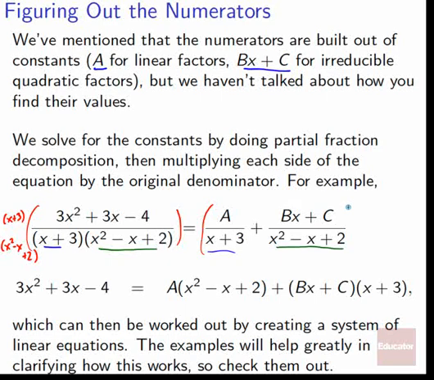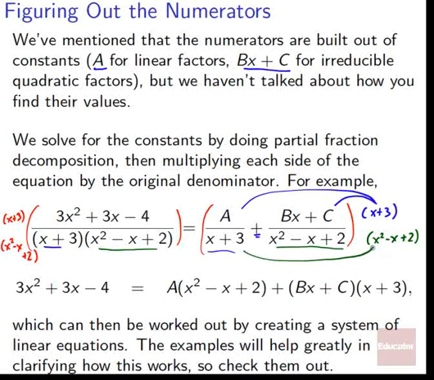So x plus 3, we'll color code this, and x squared minus x plus 2. The x plus 3 will distribute to the term on the left and the term on the right, it has to hit both of them because of this plus sign right here. Similarly, x squared minus x plus 2 will distribute to both of these as well.